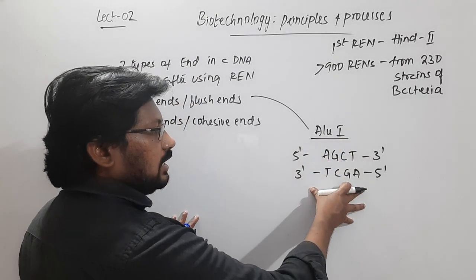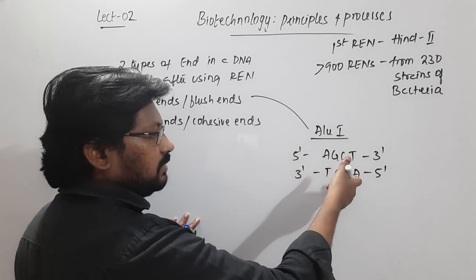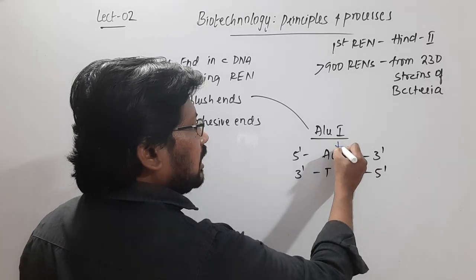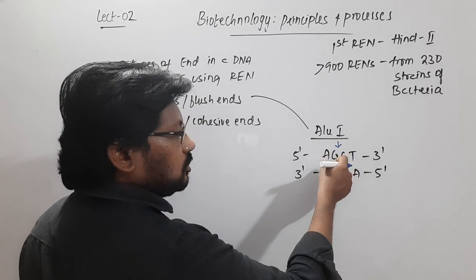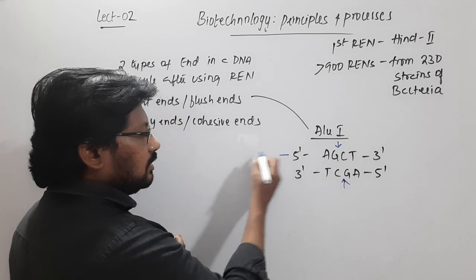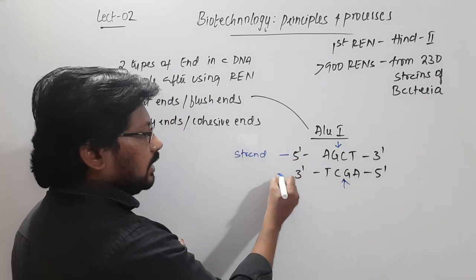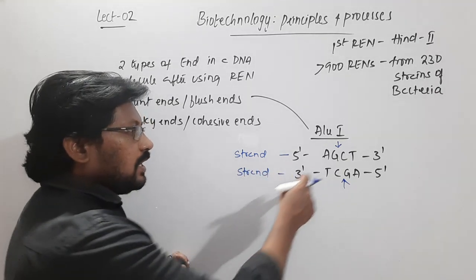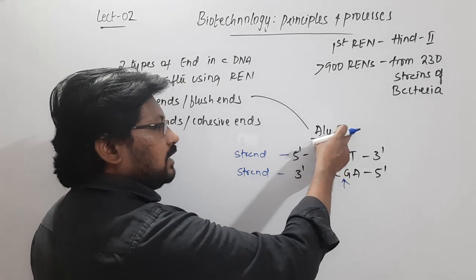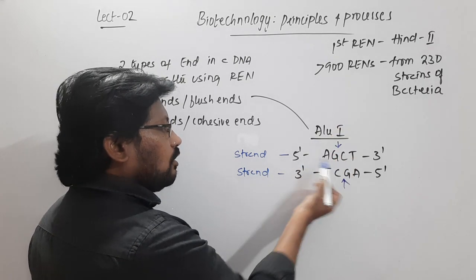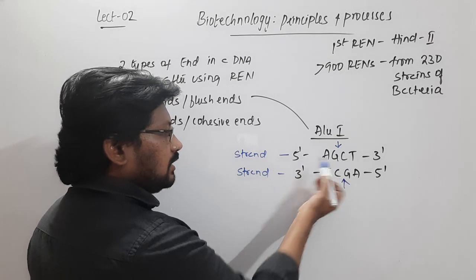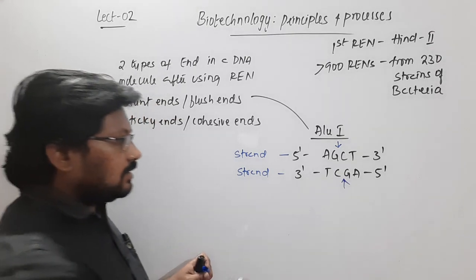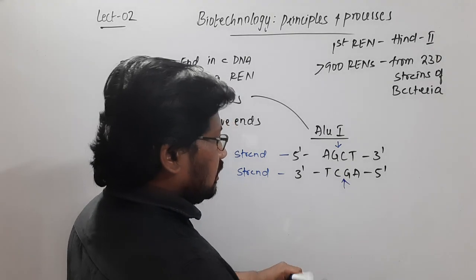Once AluI recognizes this palindromic sequence, it cuts between G and C on one strand. This is one strand of the DNA and this is the other strand, since DNA is double stranded. AluI cuts on one strand between G and C and also on the other strand between G and C. As a result, you get blunt ends.